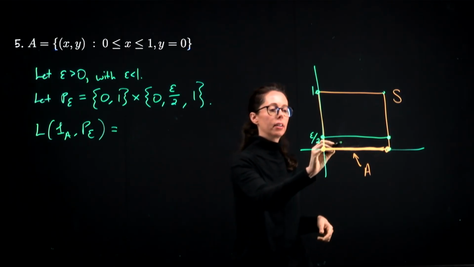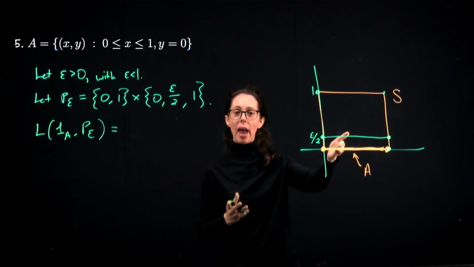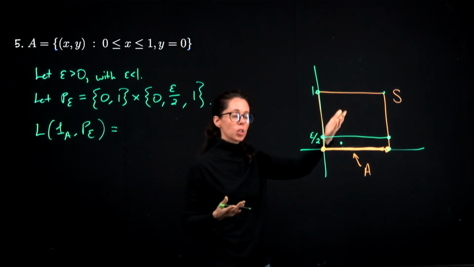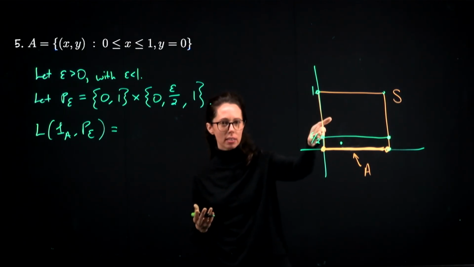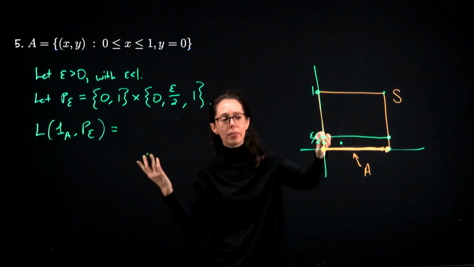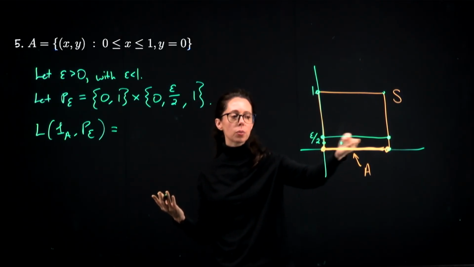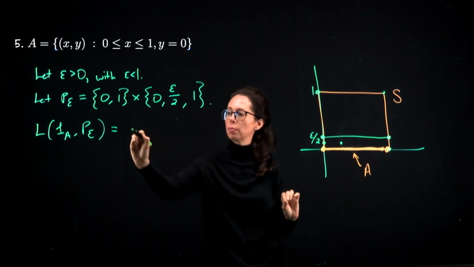In particular, there's a point up here where we are not in A. And there must be such a point because the height of this rectangle is a positive number. So certainly the point (0, epsilon over 4), even epsilon over 2, must be included in this first subrectangle. So there's a place where the characteristic function must be 0.